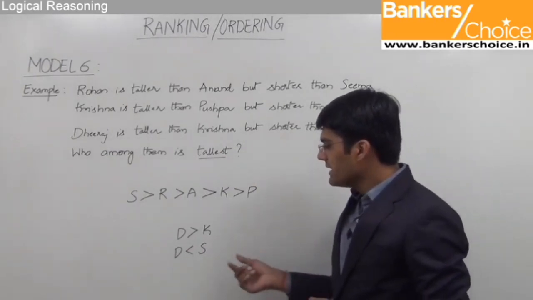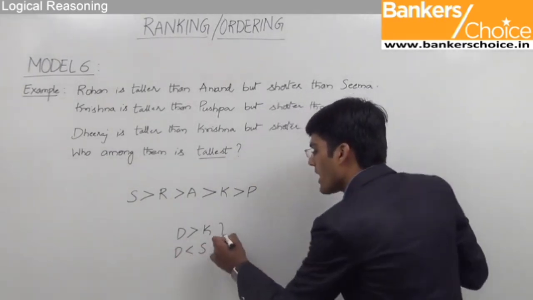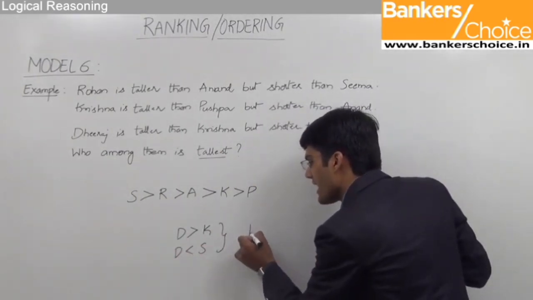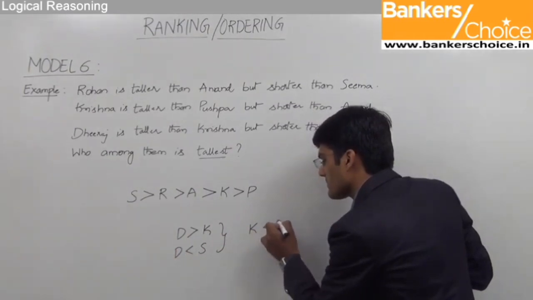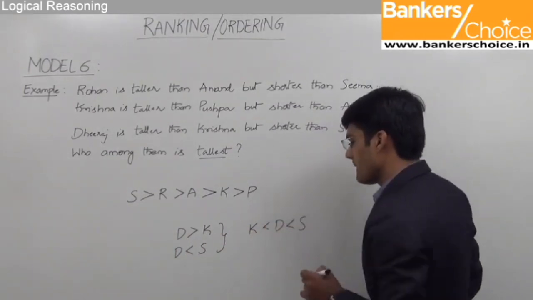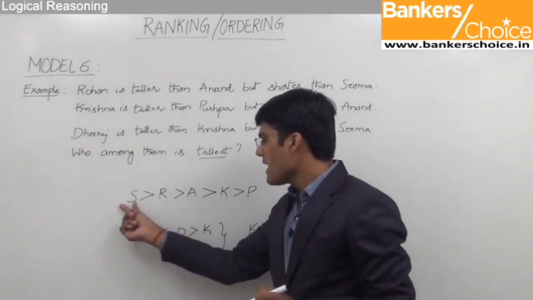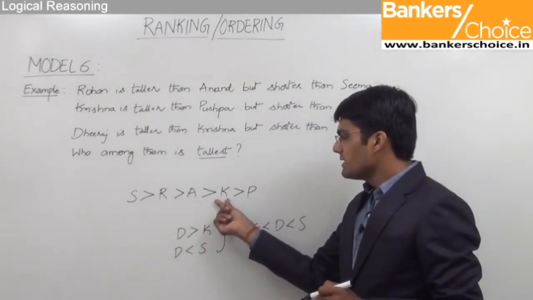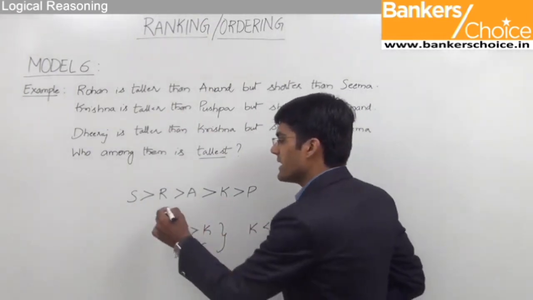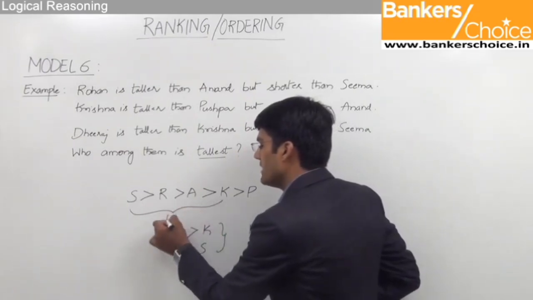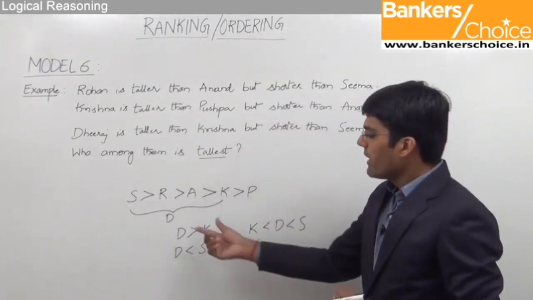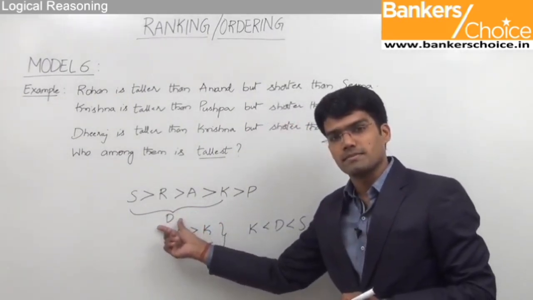So very clearly Dheeraj is a person who comes in between Krishna and Seema. Dheeraj should come in between Krishna and Seema, and we can see that Seema and Krishna are in these positions. So Dheeraj can come anywhere in between Krishna and Seema, and no way Dheeraj can be the tallest person.